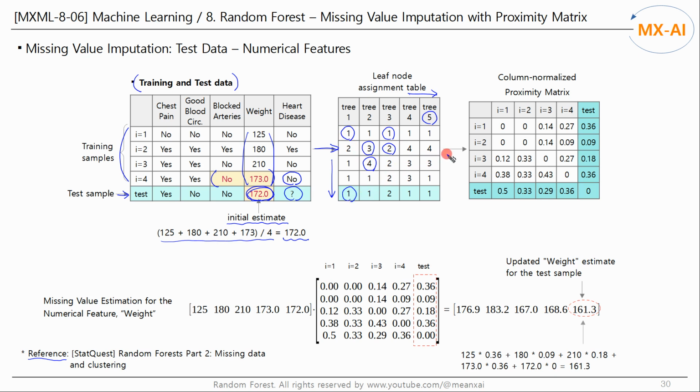Now, just as we did in the previous video, we use this table to construct the following proximity matrix. The only difference is that this time the test sample is included in the matrix as well. As a result, the proximity matrix contains similarity information for all 5 samples. After normalization, the last row and the last column contain the similarity weights associated with the test sample.